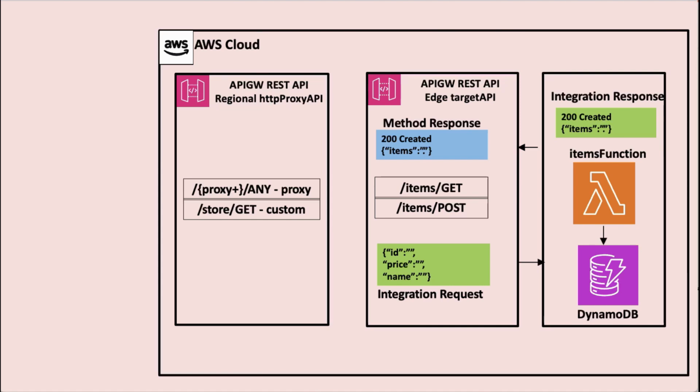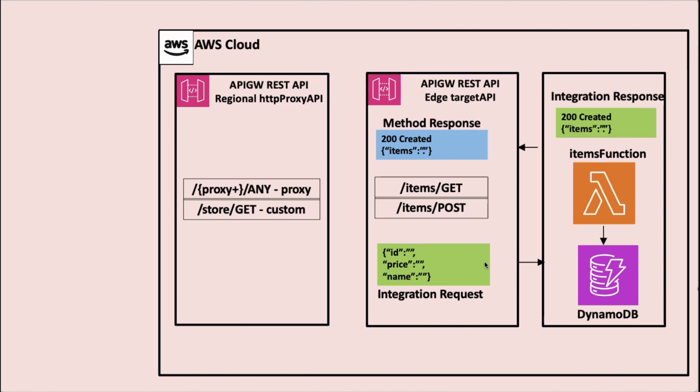That means it could be any HTTP verb, like GET, PUT, POST, things like that. This is using an HTTP proxy integration with the target API. In the HTTP proxy integration with the target API, there is no possibility to do any transformation between the input and output. Whatever response comes from the target API will be sent back to the clients.